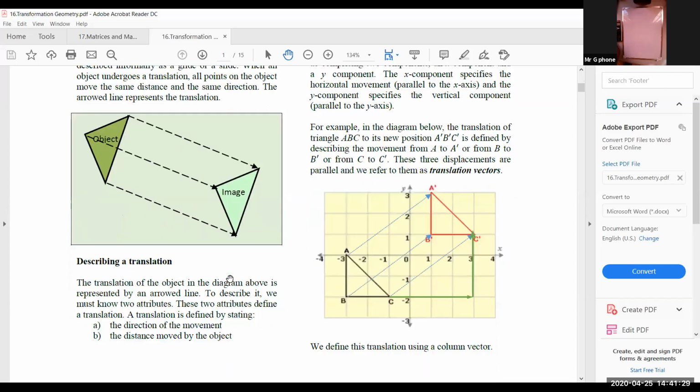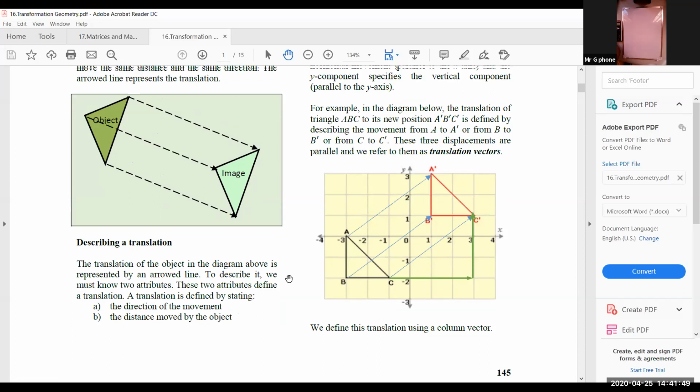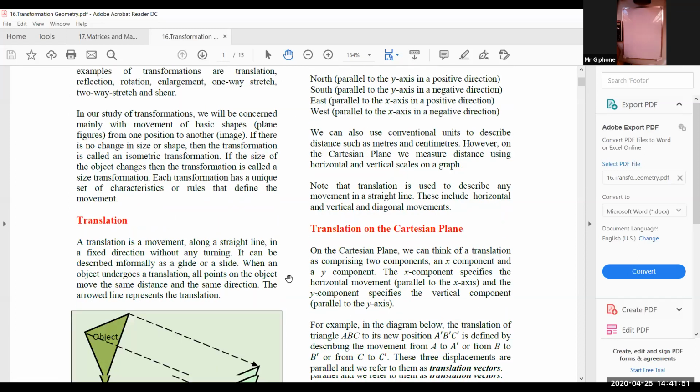How do you describe a translation? The translation is defined by stating, number one, the direction of the movement, whether it's horizontal, vertical, etc., and the distance moved by the object. Okay, don't worry, I'll give you this handout after, right?